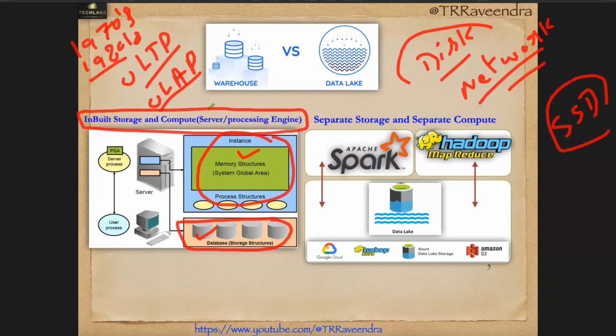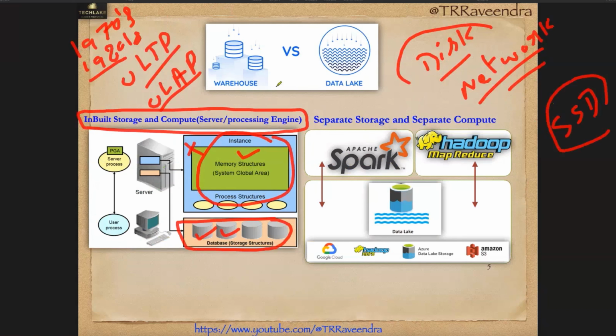Without this server, you can't read the data. Without that SQL instance or SQL Server process, you can't read this data. The server should always be available. So that is inbuilt storage, inbuilt processing engine, compute power. They are not separate.